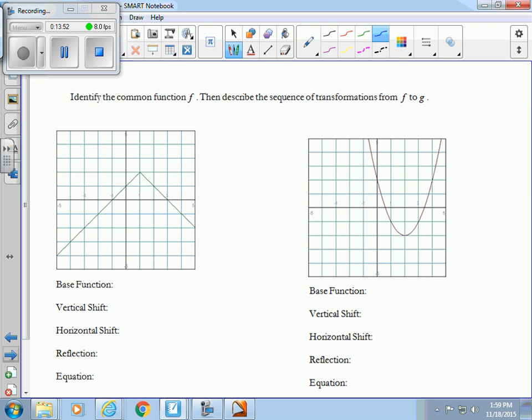Okay. Identify the function f, then describe the sequence of transformations from f to g. So first I've got to find the base function, then I'm going to describe how the function has been moved from the original. First of all, from this picture, what kind of function is it? The first one on the left. Absolute value.